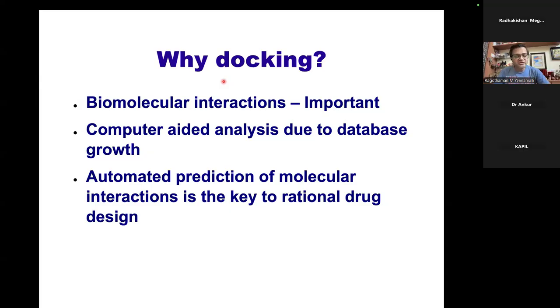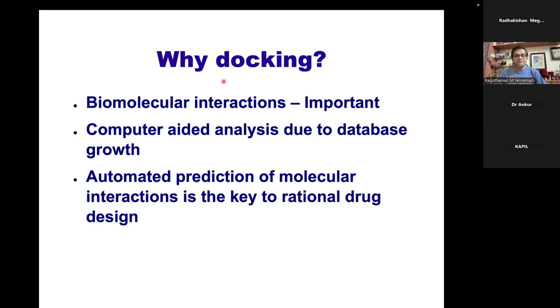Now, when you know both the structures, the next question is how do they bind? We know why they bind, because they are involved in some kind of activity, but how do they bind? If you have 1 million such compounds and you want to find the best binder among them, you need an automated method of looking at all the compounds and finding which is the best.